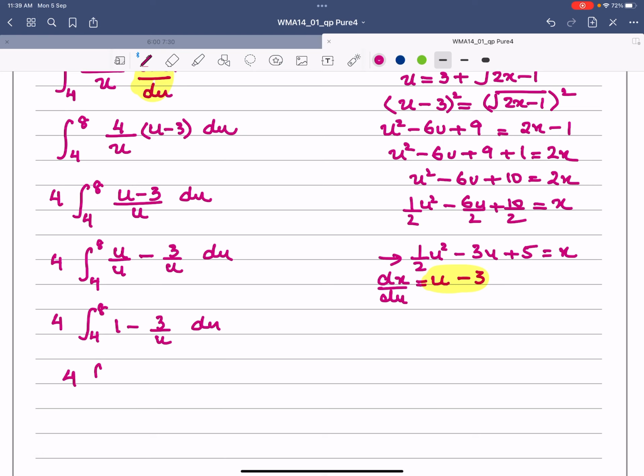So we have here u, and now for this 3 divided by u, this is same as 3 into u to the power of negative 1. So when I add 1 to the power, it will be plus 1, and it will make it u to the power of 0, which will make 3 into 0. U to the power of 0, which will make it 1, so 3 into 1, which doesn't make any sense.